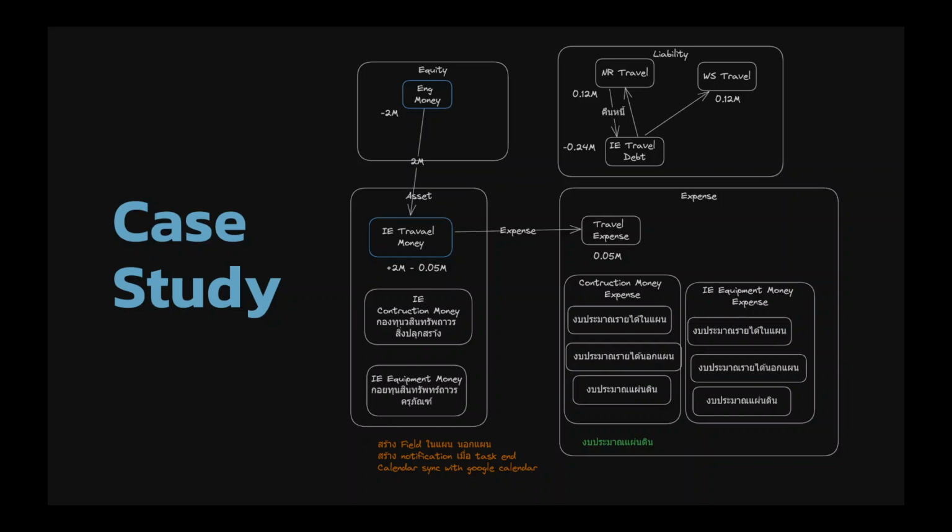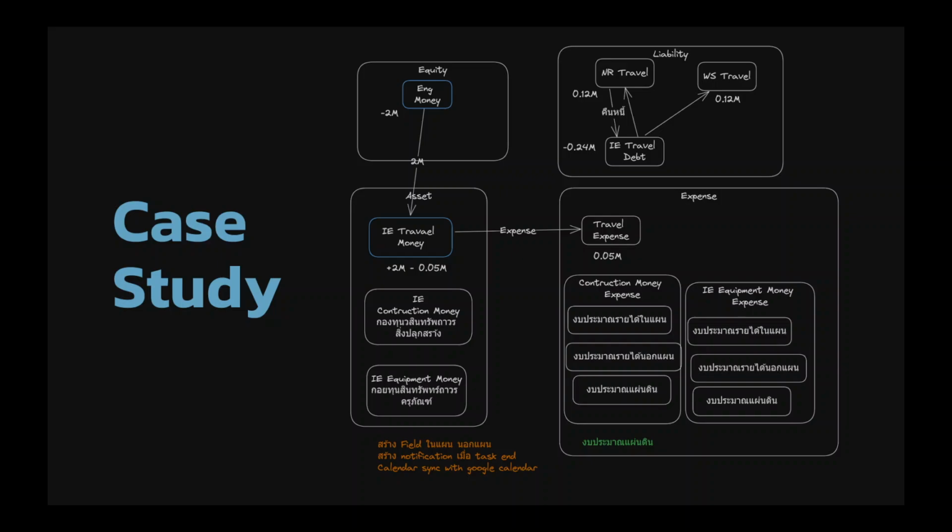Same thing: when we get grants or budget from the Faculty of Engineering, it's equity, right? This one goes to a negative number, but our asset goes up. This asset is called the travel money. If somebody travels, it goes into expense. That's fine, so far so good.